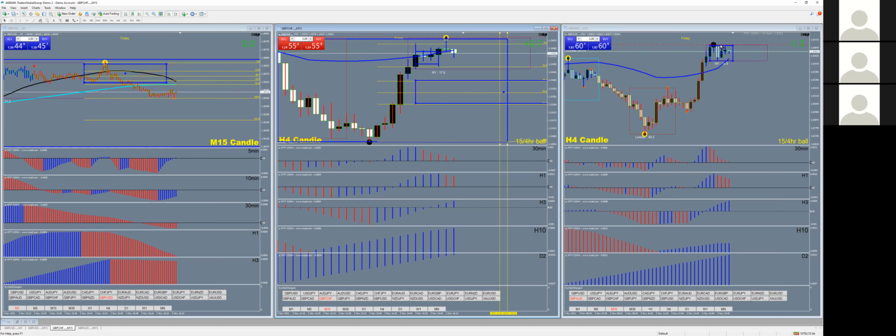This pound Aussie is just lollygagging around here. Doesn't want to follow through.